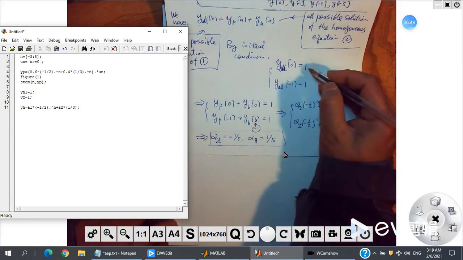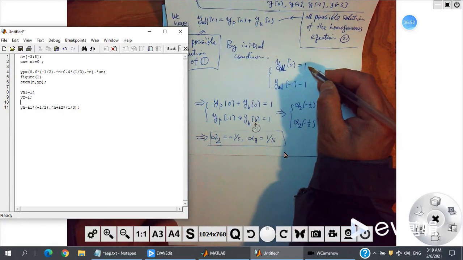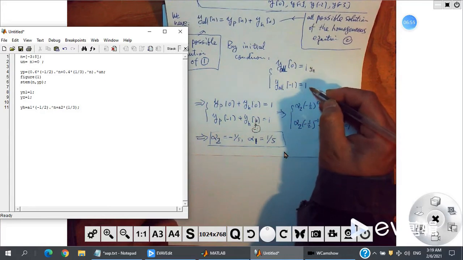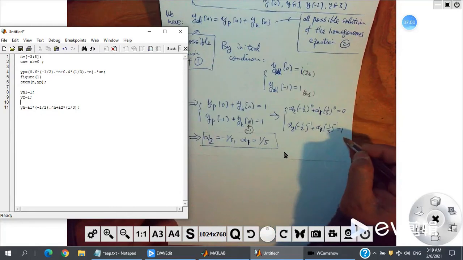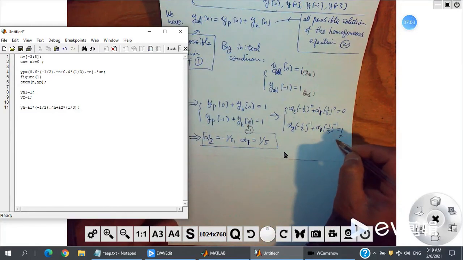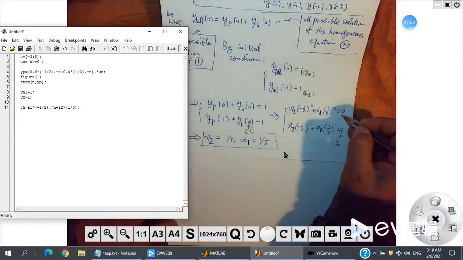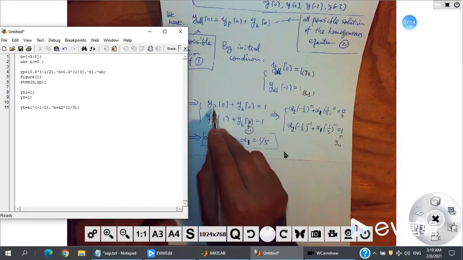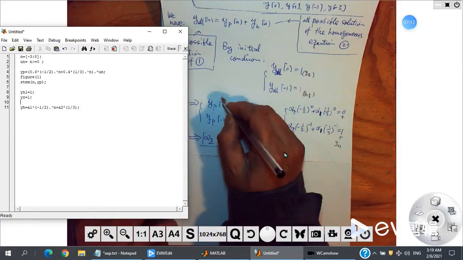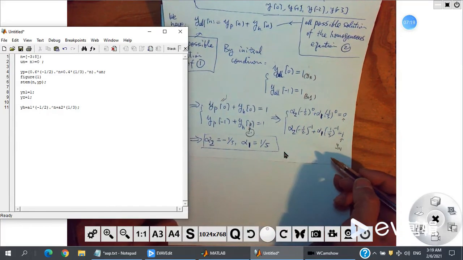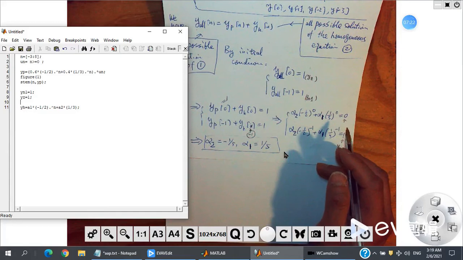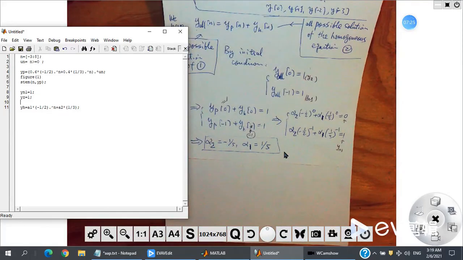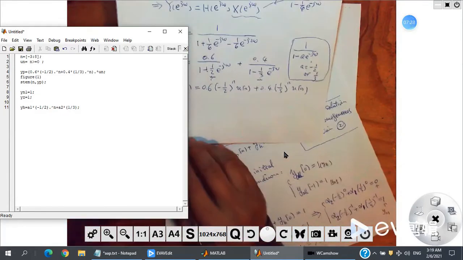So if this is y of 0, and this is some y of negative 1, then here will still be y of negative 1, right? And here will be y of 0 minus y particular, which is 1. Y particular of 0 is 1. This is y particular solution, right?